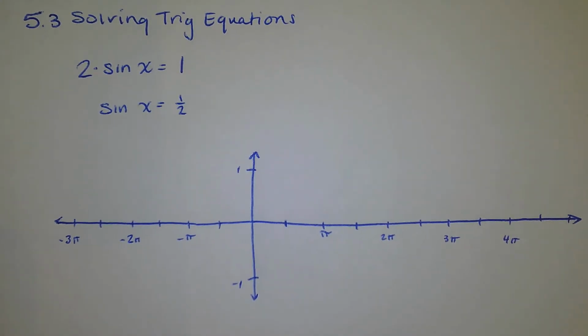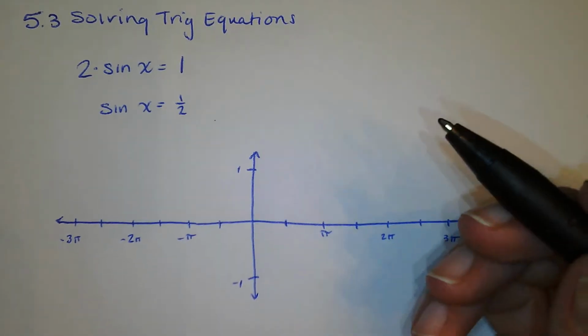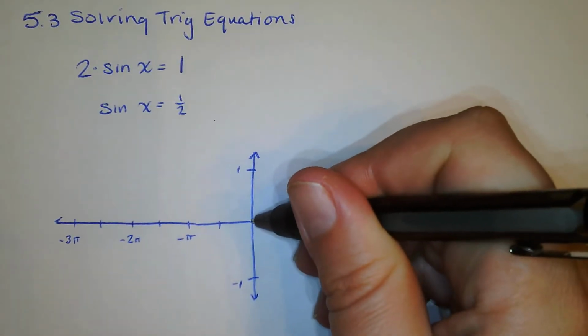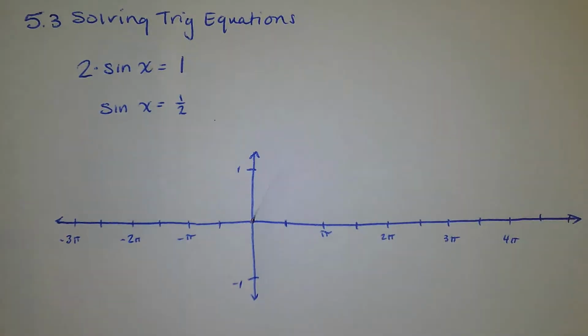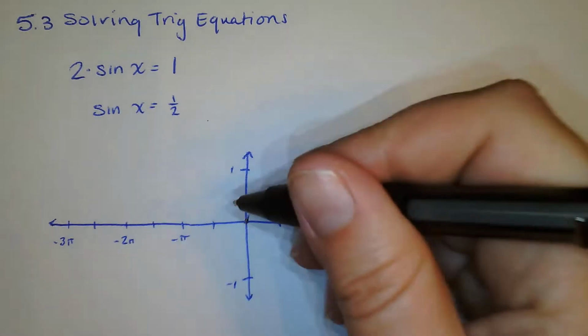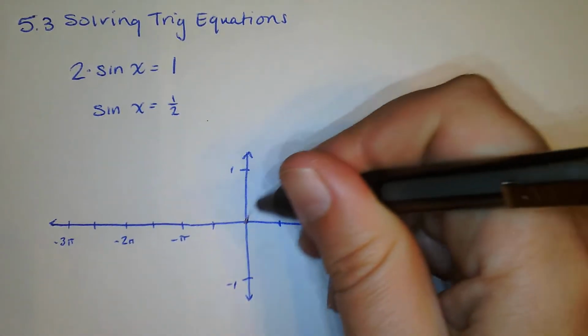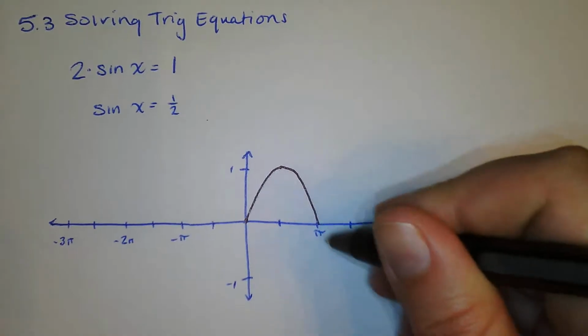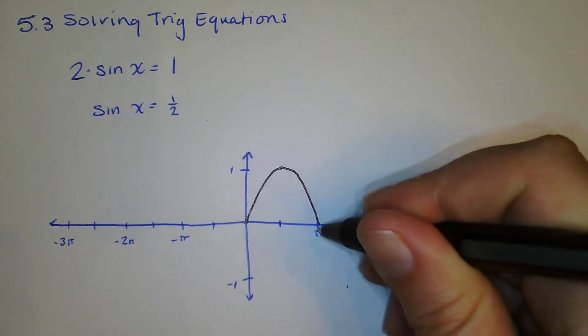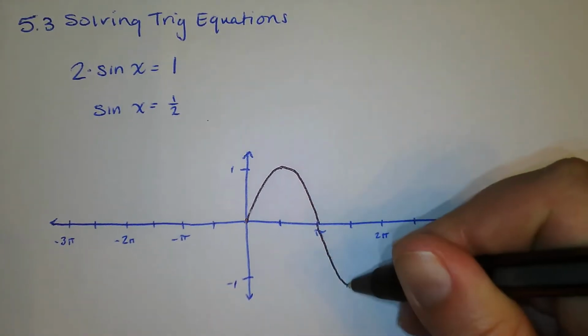Okay, so when is sine of x equal to 1/2? Let's look at the sine curve. Let me use a different color. So it's starting here, it's going up. Oh, that doesn't work. Try that again. I'm going to draw this as neatly as possible. Obviously, it's not going to be perfect.